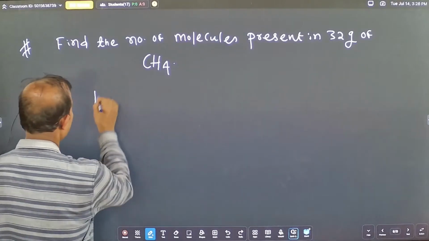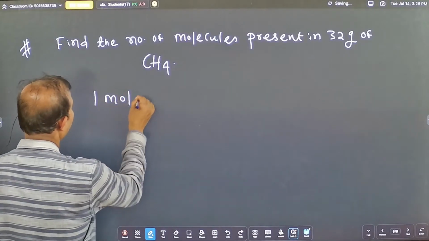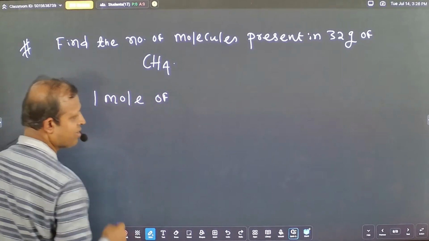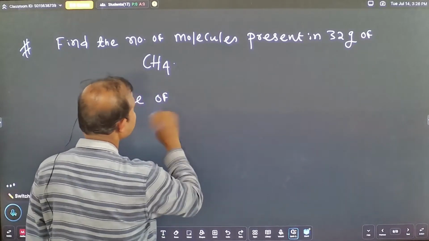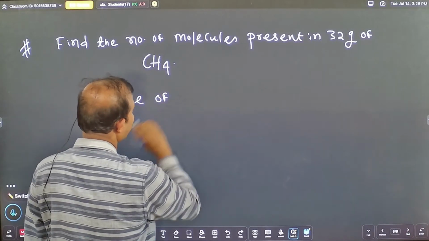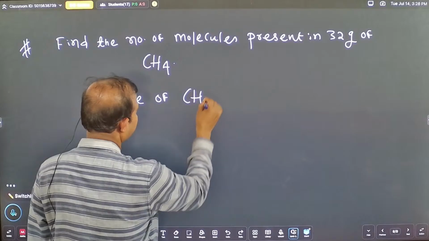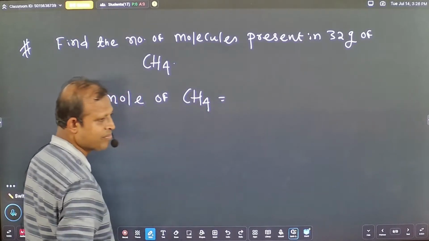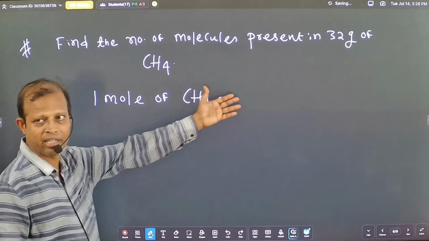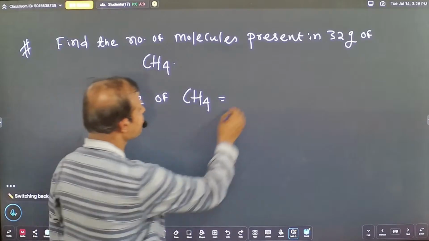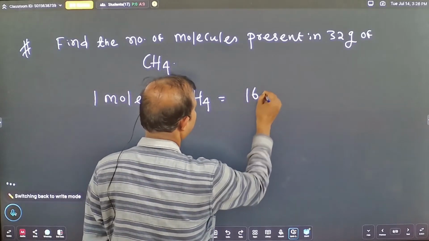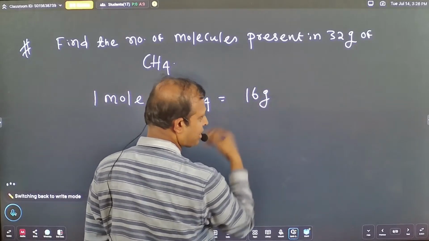One mole of methane equals to how many grams? 16 gram. That is molecular mass expressed in gram.